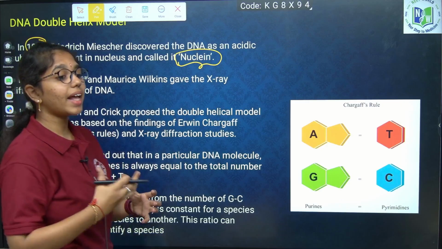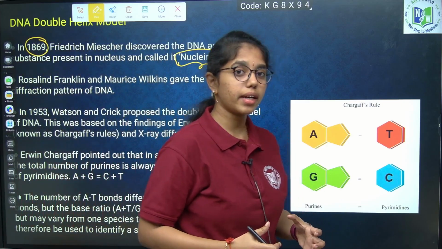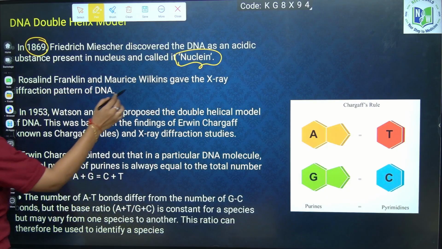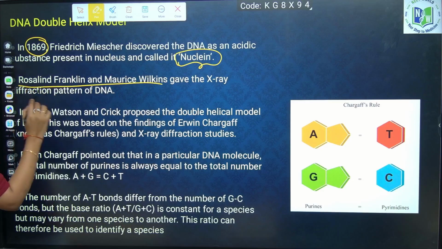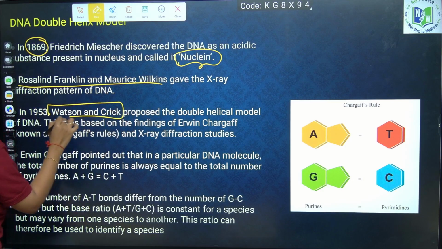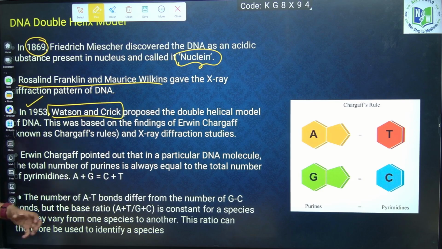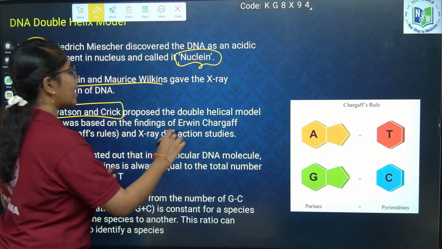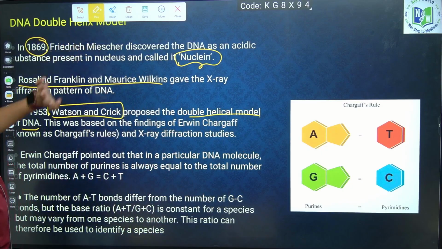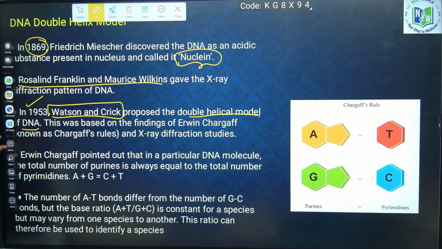Later, X-ray diffraction studies were conducted by Rosalind Franklin and Maurice Wilkins. From these studies, Watson and Crick in 1953 proposed a model called the double helical model of DNA. What does this model say actually?